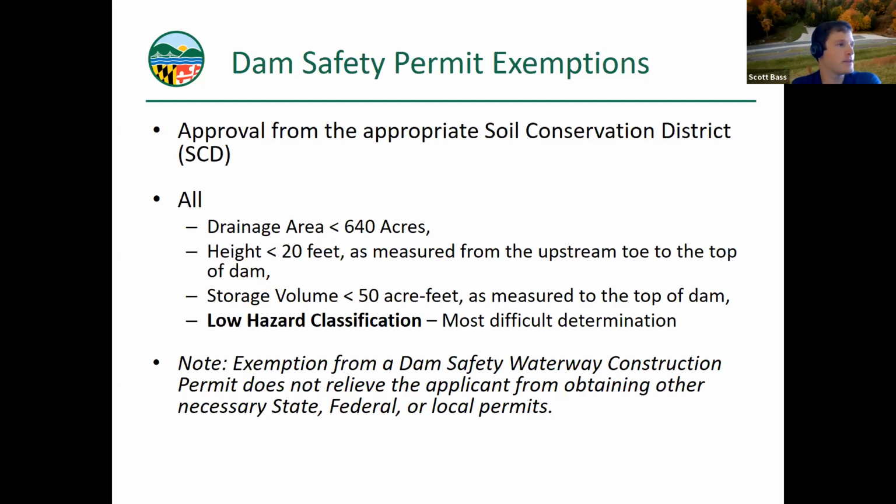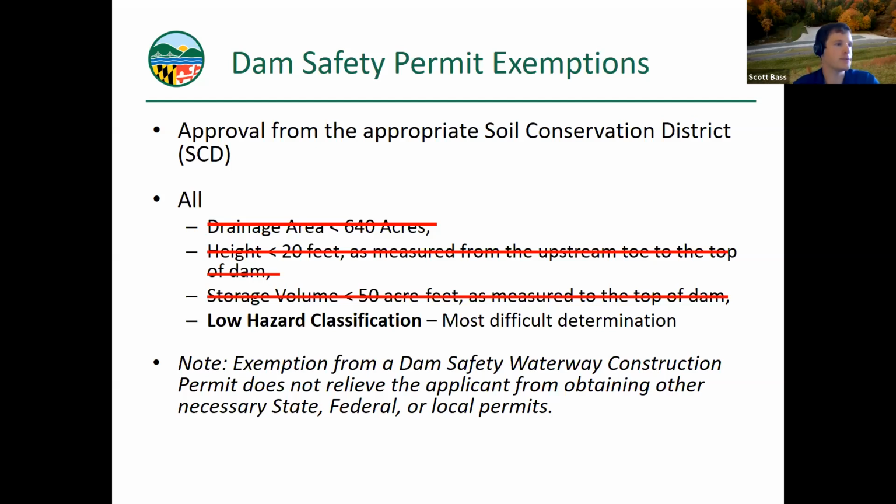And 3 of them are very simple. The first is the drainage area has to be less than a square mile. The height has to be less than 20 feet, as measured from the upstream toe to the top of dam. The storage volume must be less than 50 acre-feet. And finally, there's this low hazard classification, which isn't as simple and requires an analysis, which I'm going to talk about today.